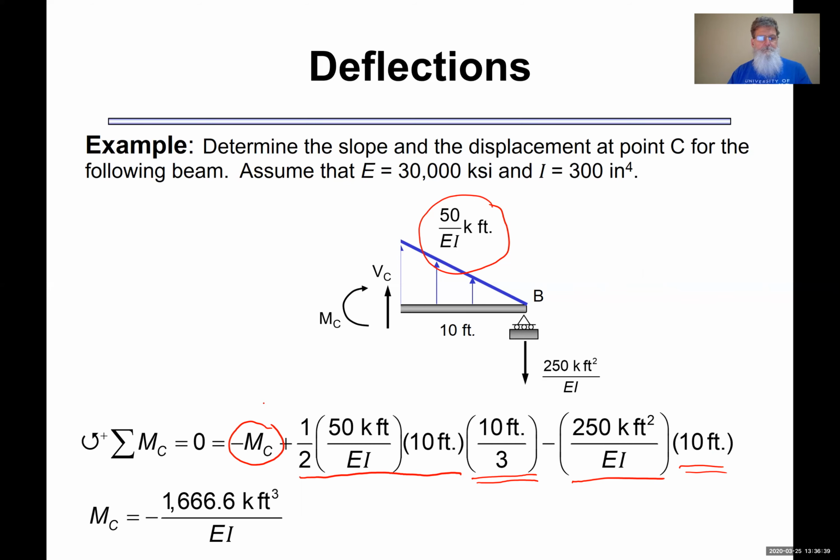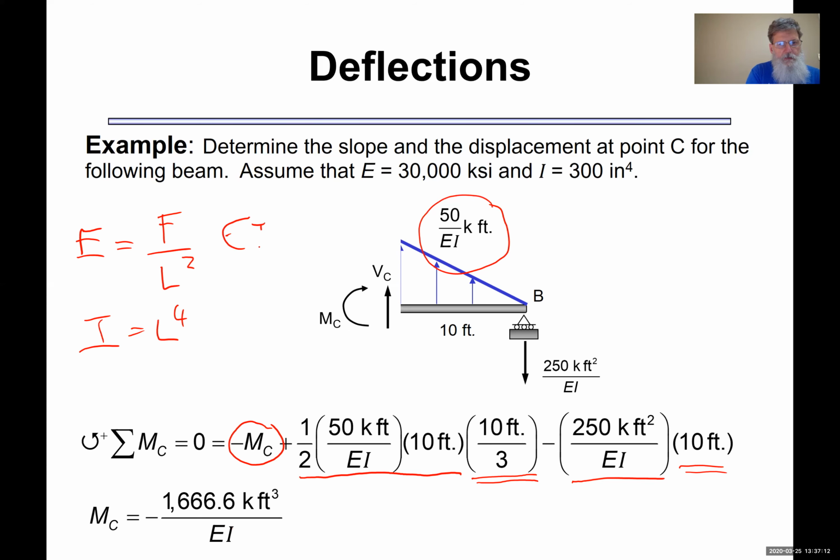and I get this. Now notice the units of the numerator. So I have kip feet squared times feet. So each of these terms are kip feet cubed. Now let's take a second and think about it. What are the units of E and I? Well, E is force per length squared. And of course, I is length to the fourth.